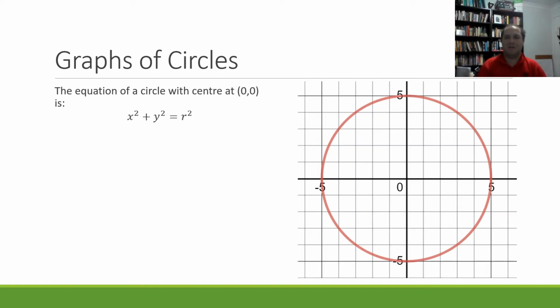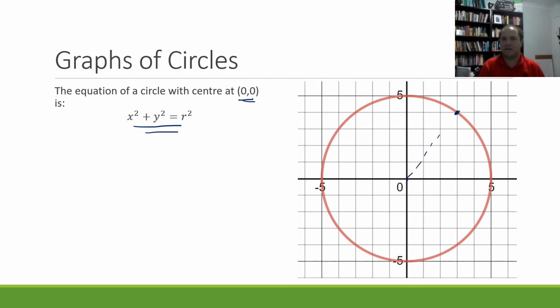Alright, so looking at our equations here. The equation of a circle with the center at 0, 0 is x squared plus y squared equals r squared. It should look a bit familiar, especially since we saw it on the last slide. That's just Pythagoras' theorem. So where does that formula come from? Let's say we've got this point here.